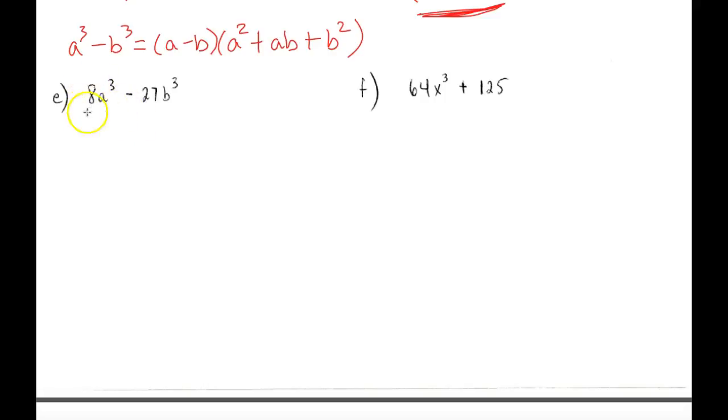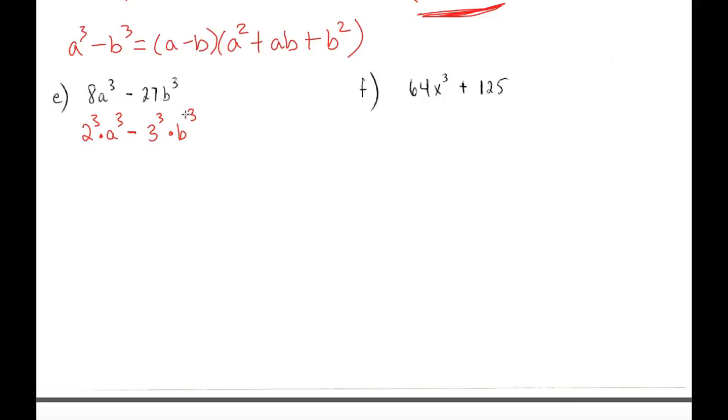So we know 8 is 4 times 2, which is 2 times 2 times 2. So that's 3 2's. So we could rewrite this as 2 cubed times a cubed. And then 27 is 9 times 3, which is the same as 3 times 3 times another 3. So that will be 3 cubed.